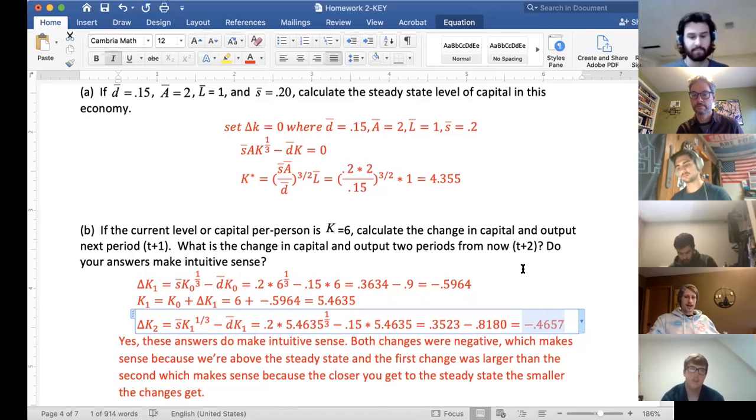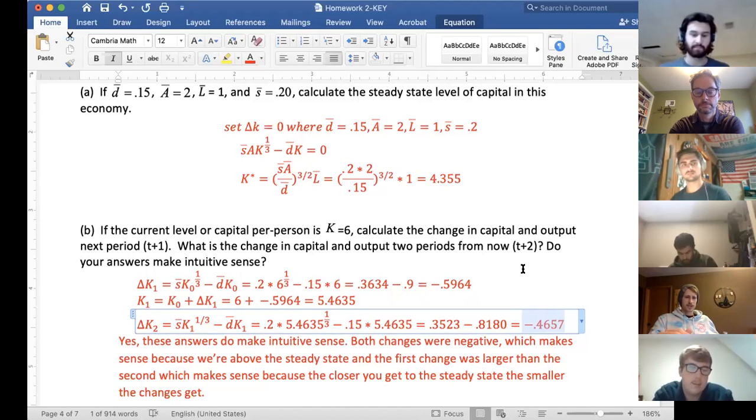On mine, I solved for your first change in K1 and then delta K2, and because of that, I knew it made intuitive sense because they were both negative, meaning they were getting closer over time. For my first part, I didn't solve for the 5.4635 until the second part, in order to find that drop.